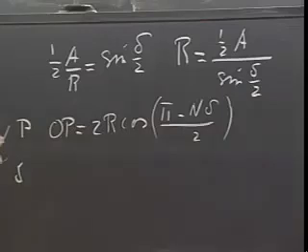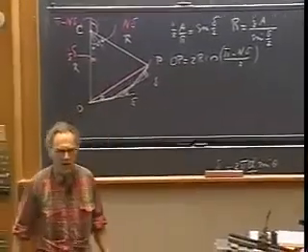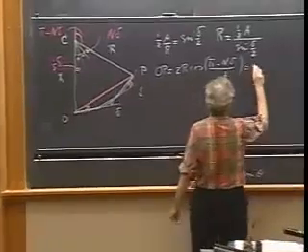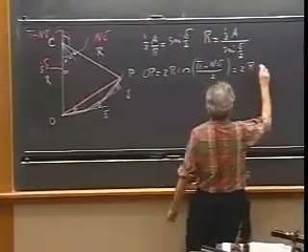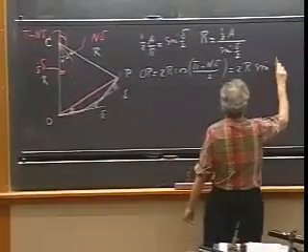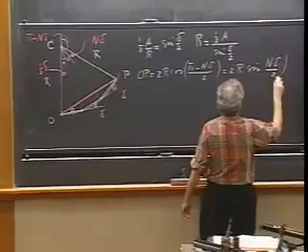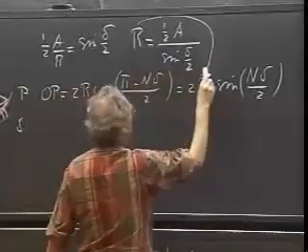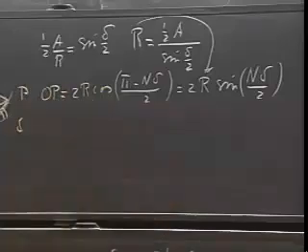But pi over 2 is 90 degrees, and 90 degrees minus the angle is the sine of the angle, so I can also write for this 2r times the sine of n delta over 2. Now I take this r here, and I pop that in here to eliminate my r.